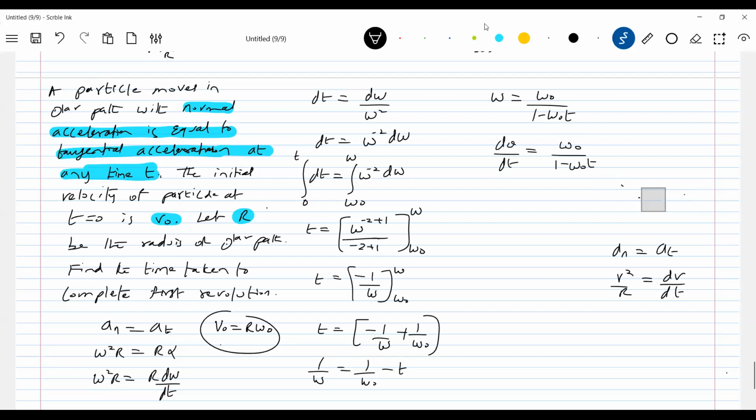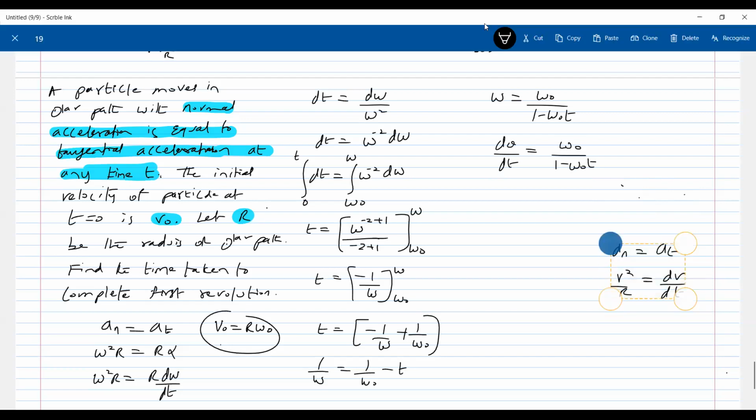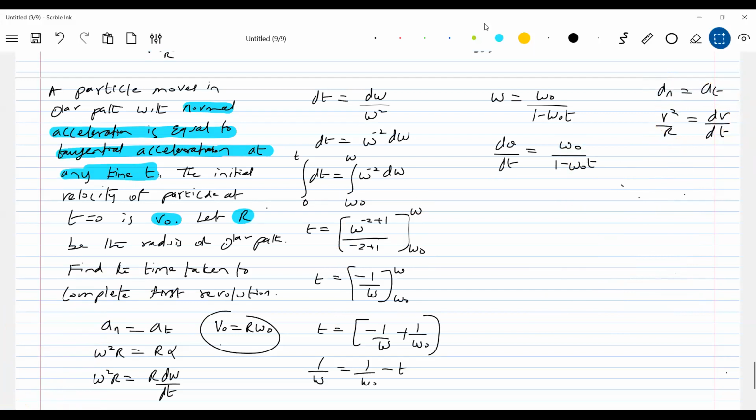I'll take this out. Now, if you want, I'll write it this way. You could have thought like this also. I'll put it here. Nothing wrong, you can do it by this method also.